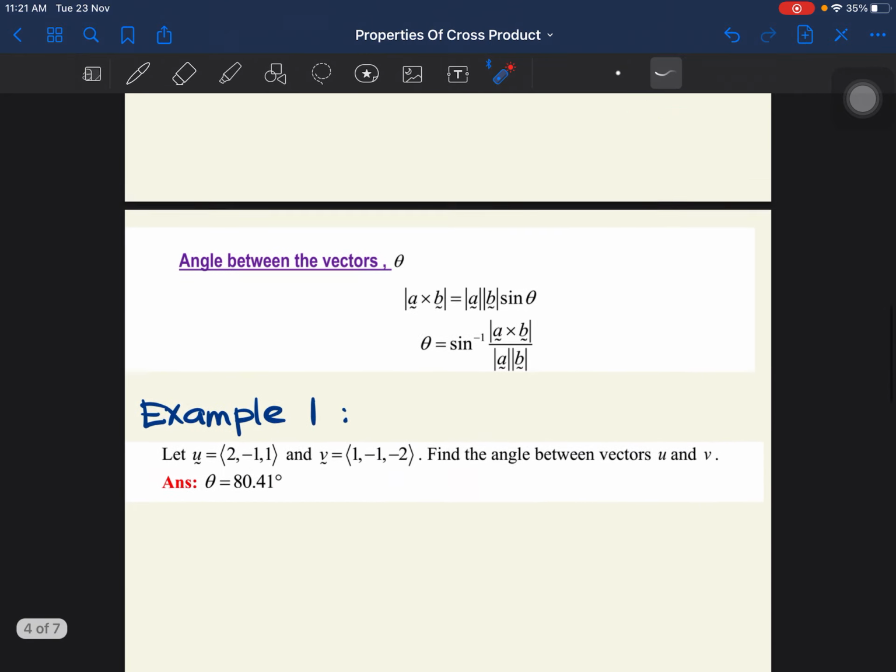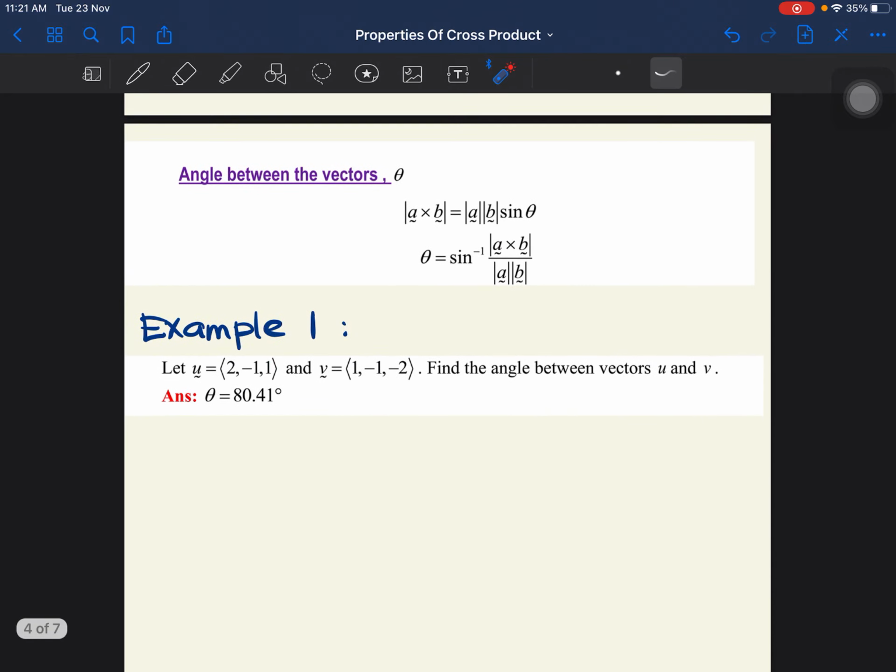Okay, so the next one is the angle between vectors. Like I said in my previous video, we have two ways of finding the angle between vectors. It's either by applying the dot product, then you have to use cos, or by applying the cross product, then you have to use sine. It depends on the problem given to you.